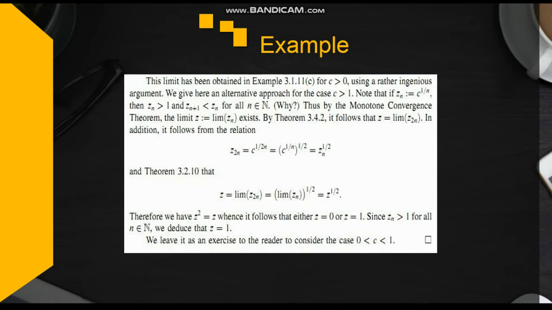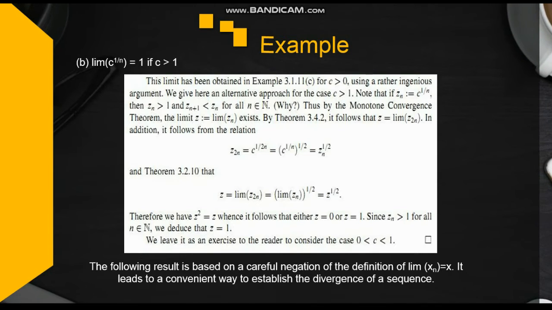For the next example, (b) lim c^(1/n) = 1 if c > 1. This limit has been obtained in example 3.1.11c for c > 0, using a rather ingenious argument.